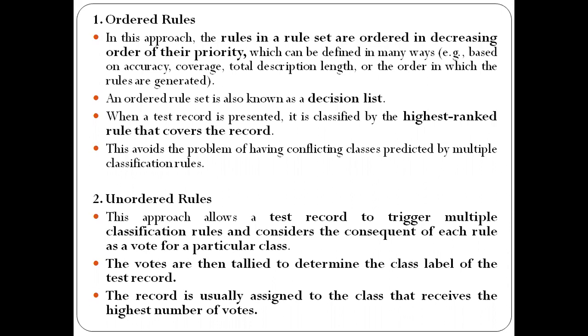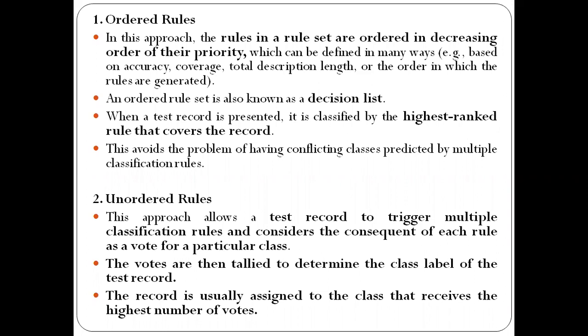To solve that problem, we have two methods: ordered rules and unordered rules. In ordered rules, all the rules in the rule set are ordered according to their priority, in decreasing order of priority.